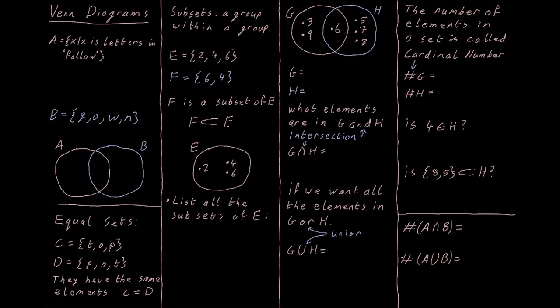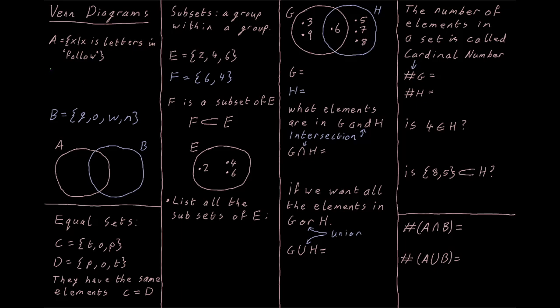To begin with, we're going to find the elements of the set A. I know I'm dealing with the elements of a set because I have my capital letter for the name of the set, and I have my curly brackets, and the elements of the set are called x, and the definition of x is the letters in the word follow.